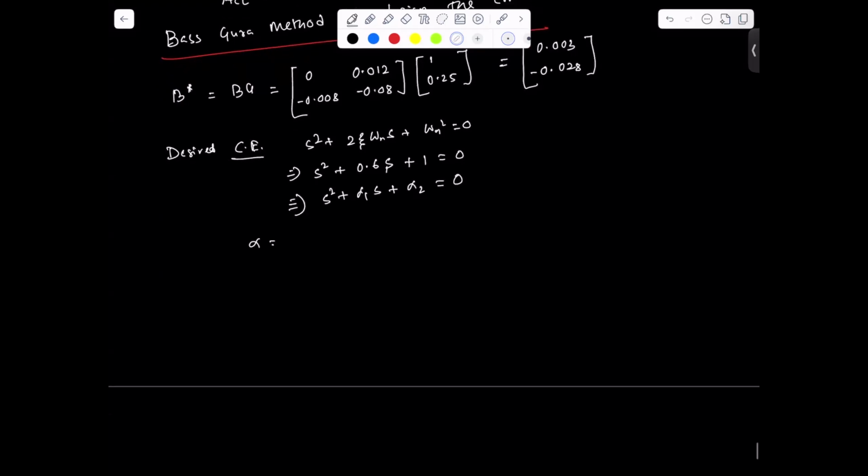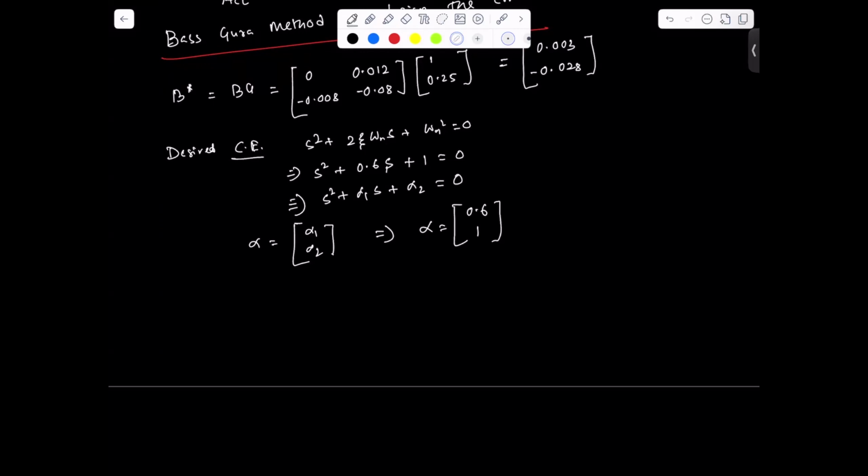So the alpha vector, alpha 1, alpha 2, is 0.6 and 1.